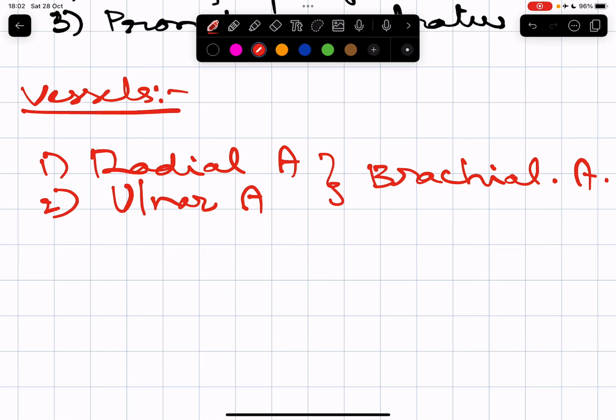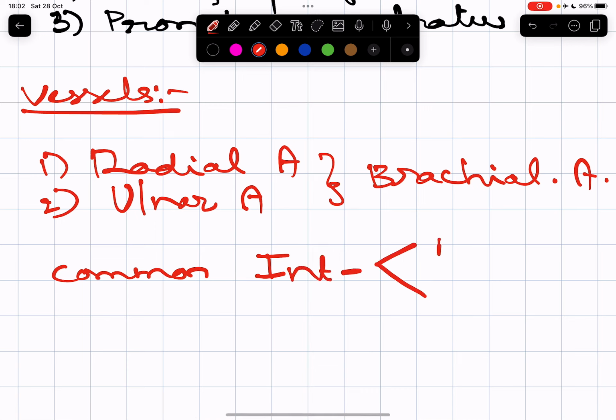Right. And the common interosseous artery divides into an anterior interosseous artery and a posterior interosseous artery.